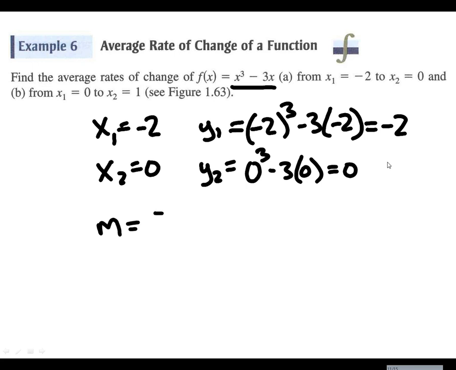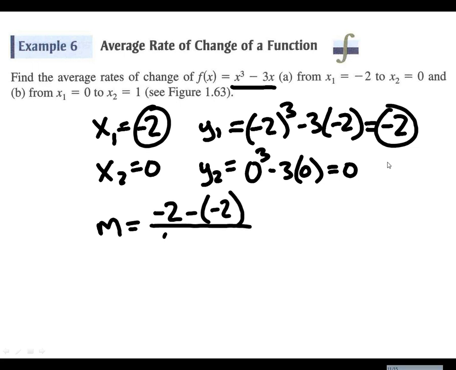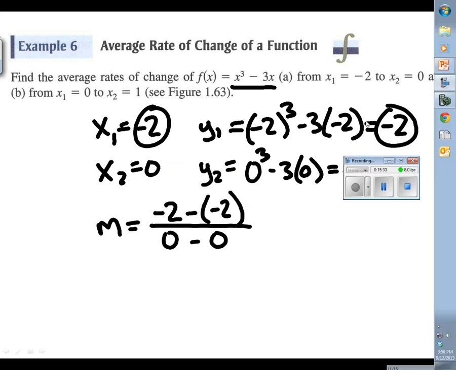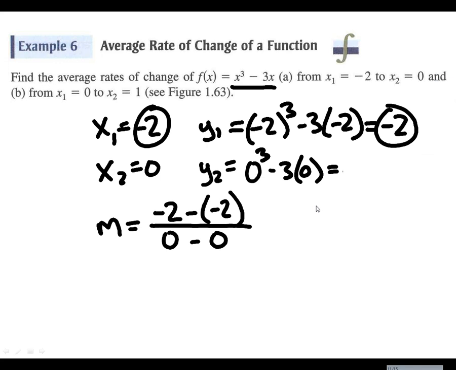Okay, so now we can figure out our slope, our rate of change. Oh, I apologize. That wasn't looking right, and I see my mistake.